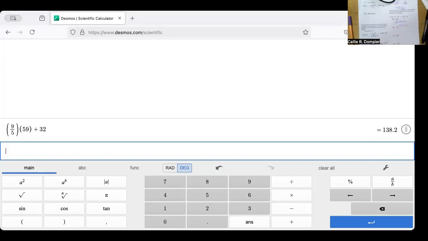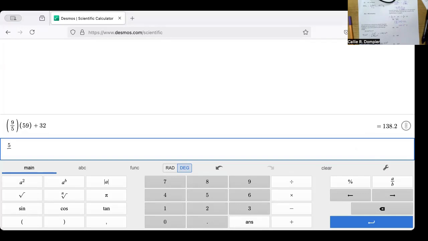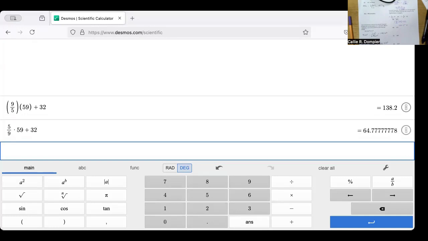Okay. I think it would be okay to put the fraction in times 59 plus 32. That will give you the same answer. Good.